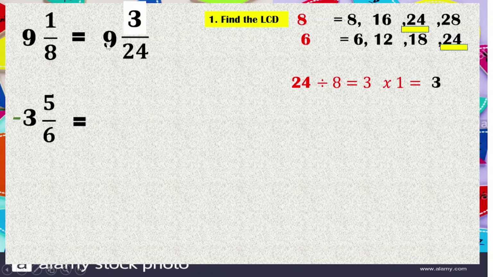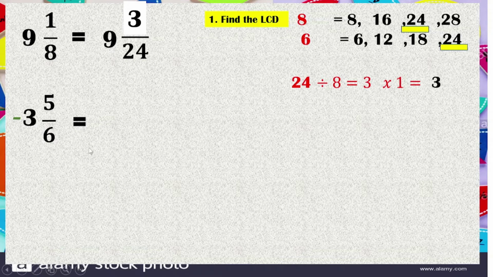So, saan nakuha tong 9 and 3 over 24? Kinuha ko yung LCD na 24. Kinopya ko lang muna itong whole number. Nilagay ko dyan. Hindi ko siya isasali sa pag-solve. Nilagay ko lang, nilipat ko lang. Ang isasolve ko lang ay itong tatlo. Si 24, si 8, at si 1. Again, 24 divided by 8 is 3. Times 1 is 3. Kaya meron tayong 9 and 3 over 24.